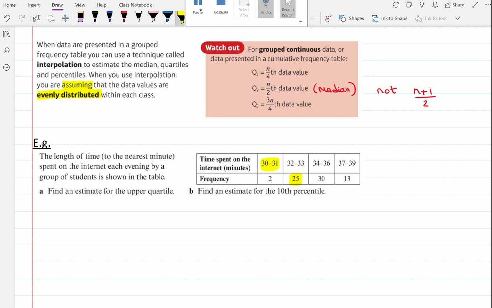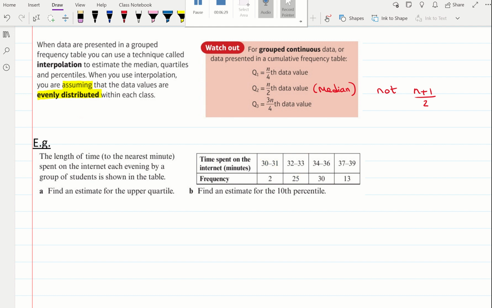Well, I'm not going to assume that all of the 25 are 32, or all of the 25 are 33, or all of the 25 are 32.5. I'm going to assume that these 25 people are evenly spread across the 32 to 33 range.